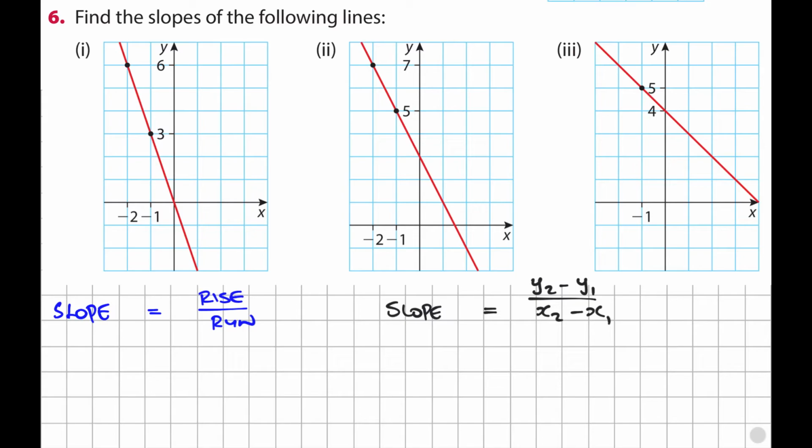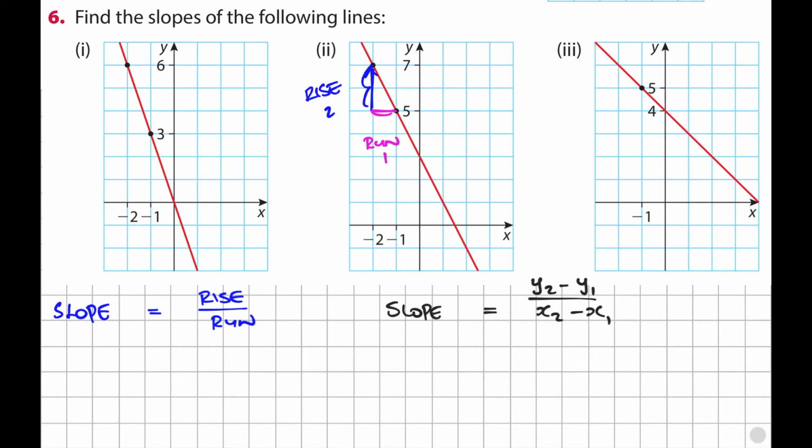So for question 2 there, we're going to start off by doing the easy one, which is the rise over the run. And we can see the rise there is going to be 2 units. Rise is all about how much it rises up. The run there is going to be how much it runs out, and it's only going to run 1 unit.